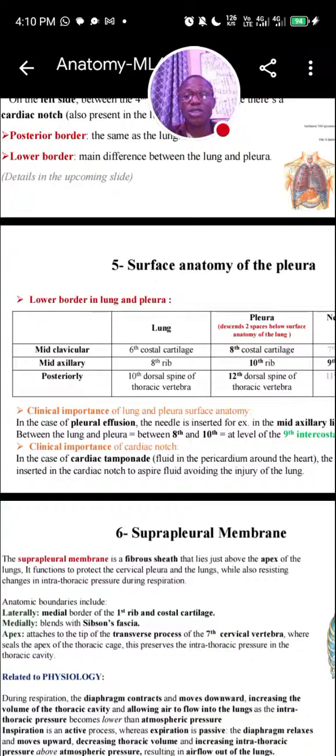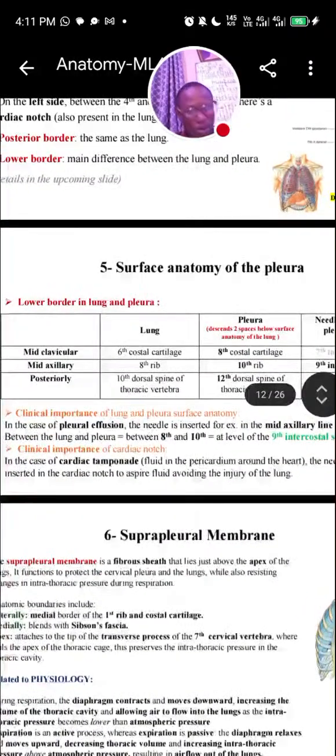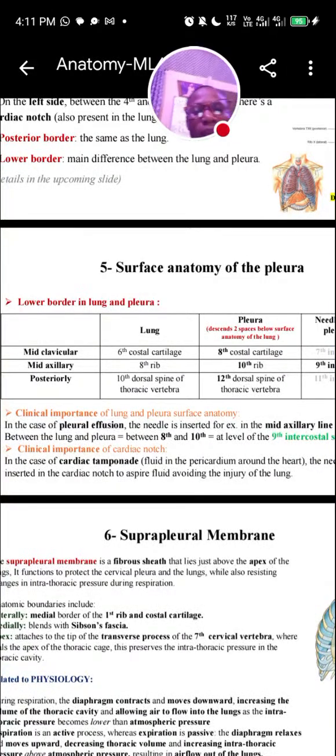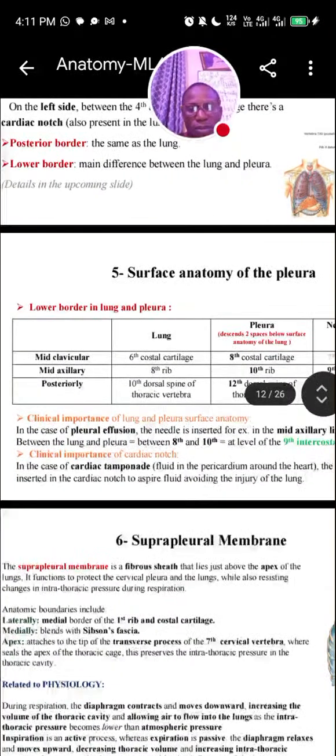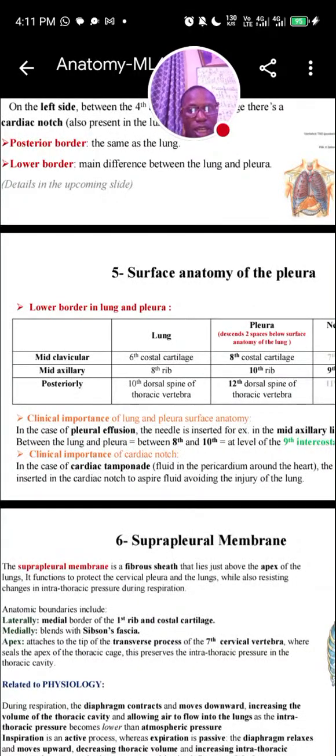And as we look at surface anatomy of the pleura, the important thing is in case of pleural effusion, that is fluid in the pleural sac, you insert it between the 8th and 10th ribs at the 9th intercostal space.